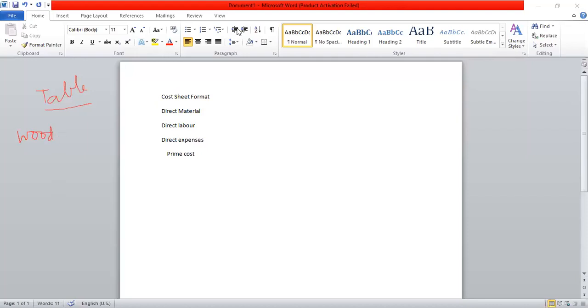Then you list out what are the costs which are required to make this piece of table. There's labor cost. The carpenter who makes this table, the charges paid to the carpenter, labor cost.